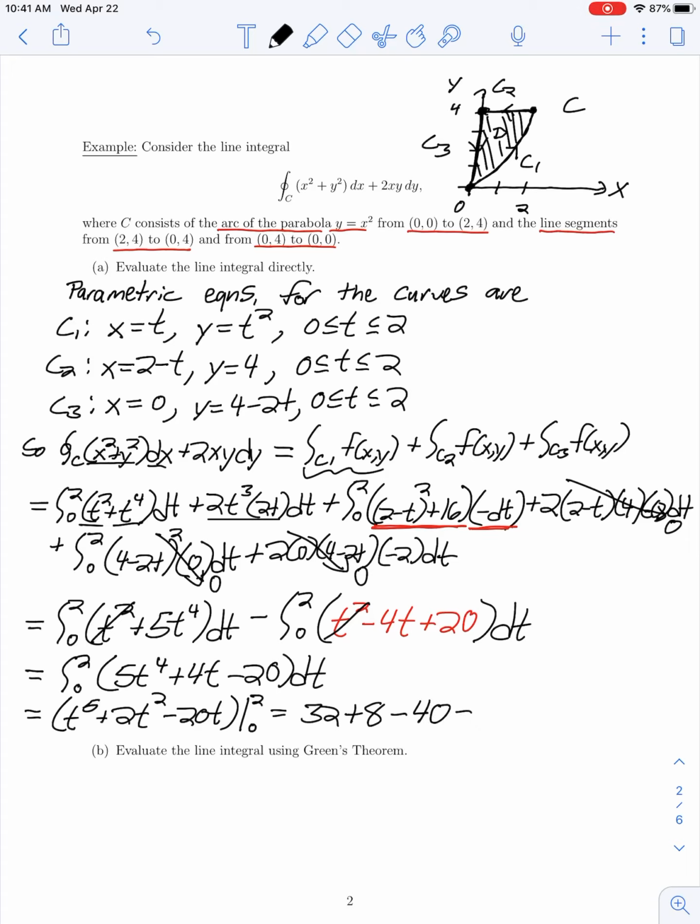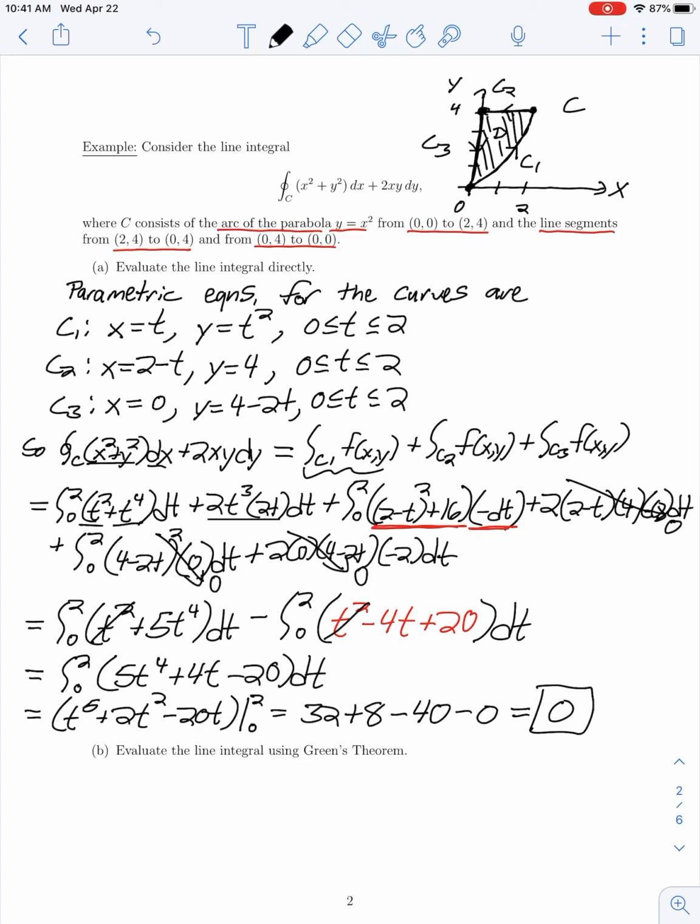And then we subtract what we get when we plug in 0 for t, which would be 0. So here we are left with 40 minus 40, which gives us 0 for the value of this line integral integrated over that curve.